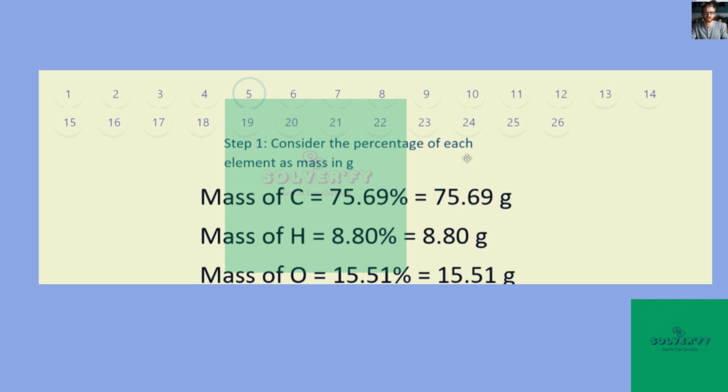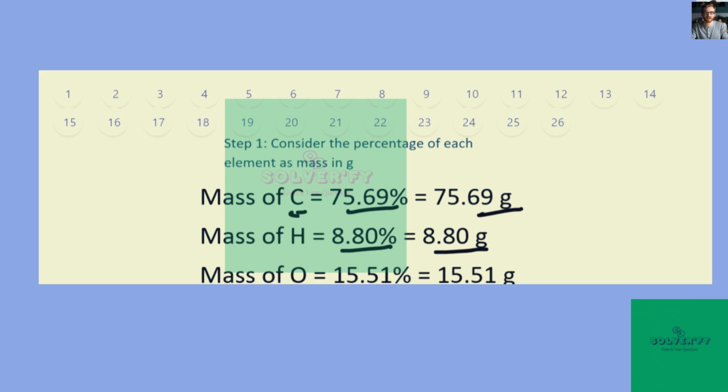So in the first problem, we start with step 1, where we have considered each percentage of the elements present as their mass in gram. So that means 75.69% is 75.69 gram of carbon. Then we have considered 8.82% hydrogen as 8.82 gram of hydrogen.